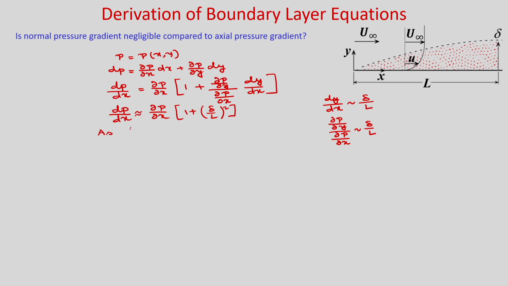As delta by L is much smaller than 1, dp by dx is of the order of del p by del x.